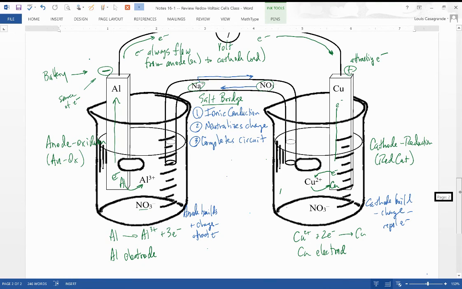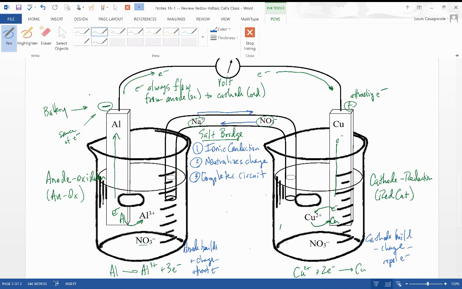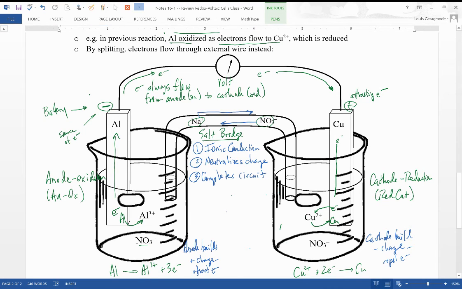One way to remember the direction that these go is if we look at this as a clockwise versus counterclockwise circulation, the negative charge is always going to go in, in this case, the clockwise direction. Now, it's going to be the opposite if the cathode is on the left.